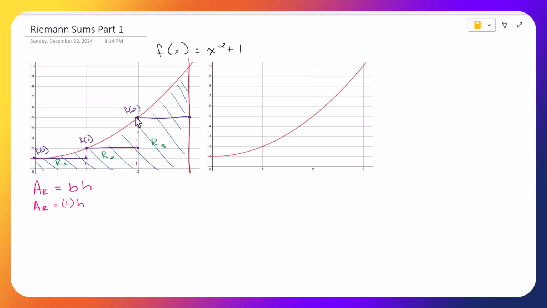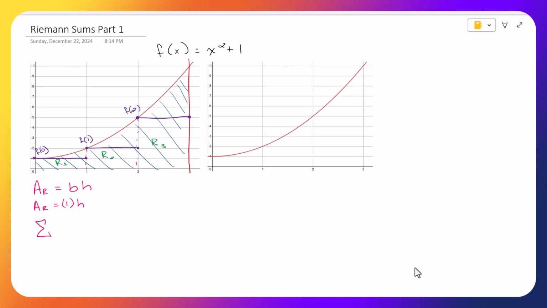And I'm actually going to introduce us to some fancy notation. So we know the area of our rectangle is 1. Okay, so I'm going to introduce us to the notation.